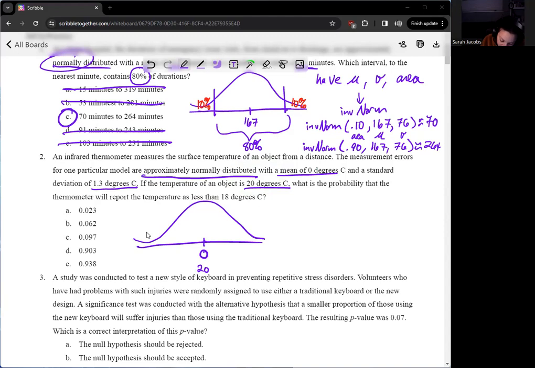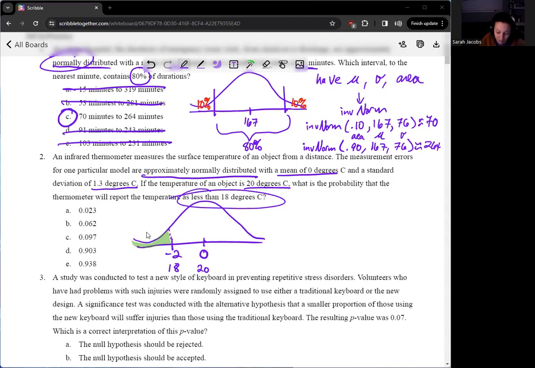The error we're interested in is less than 18 degrees Celsius. So it would have to be here at -2, because that's where 18 would be relative to 20. So we're looking for -2, and we're talking about less than 18 degrees Celsius. So we are talking about this area right here.